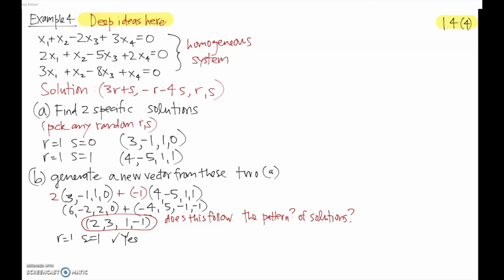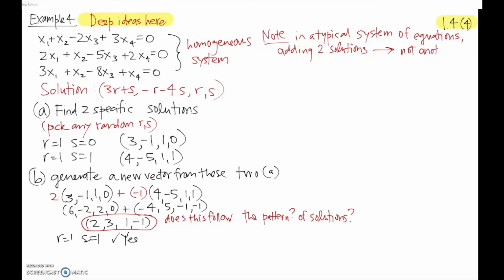Let's say it like this. In a typical system of equations, in other words, one that's not homogeneous, adding 2 solutions does not necessarily result in another solution.